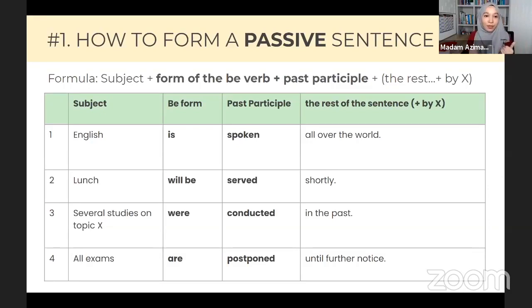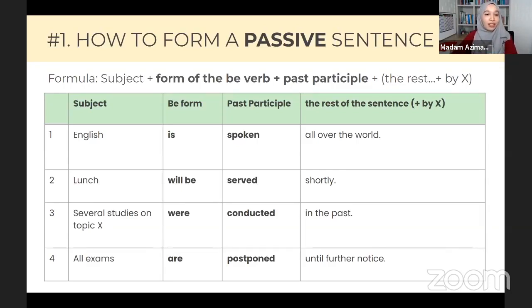Lunch will be, that's the be form. The whole thing is a be form. Served, past participle, shortly. And you'll say this very formally, like if you're an MC announcing something: okay, everybody, lunch will be served shortly. And you don't have to say by people from the canteen. Yeah, you don't have to say that, okay?